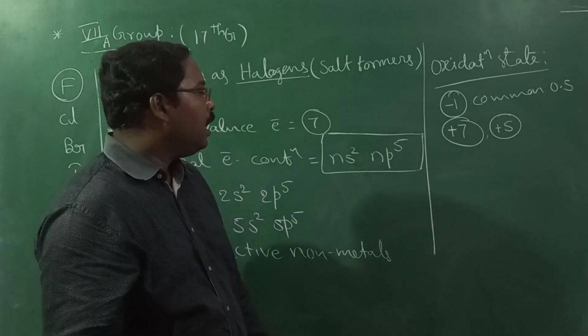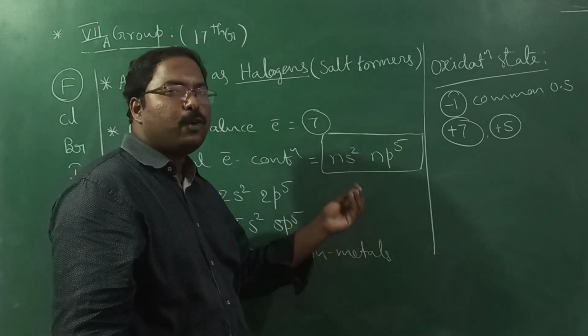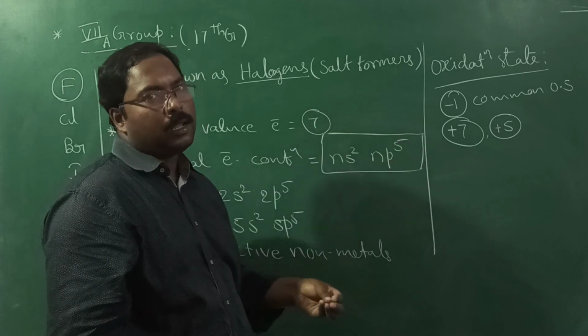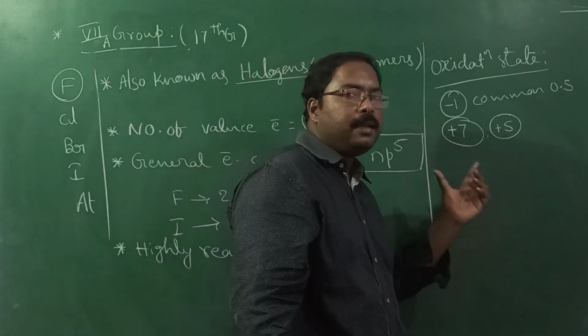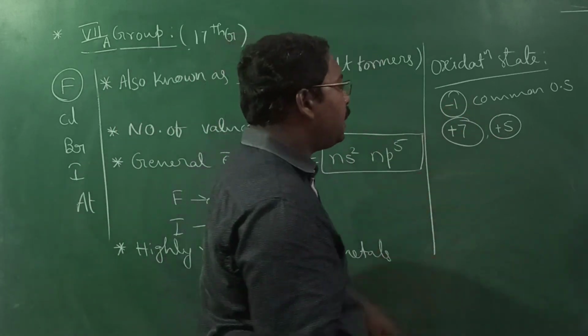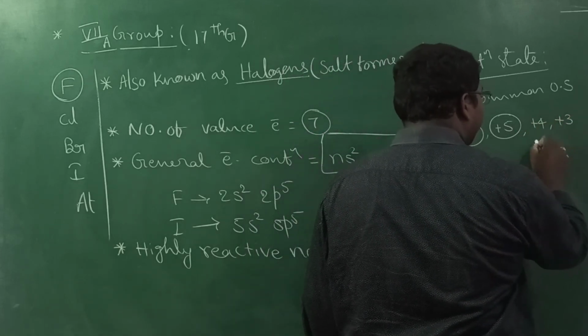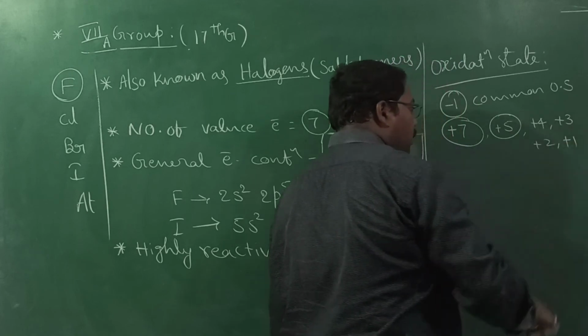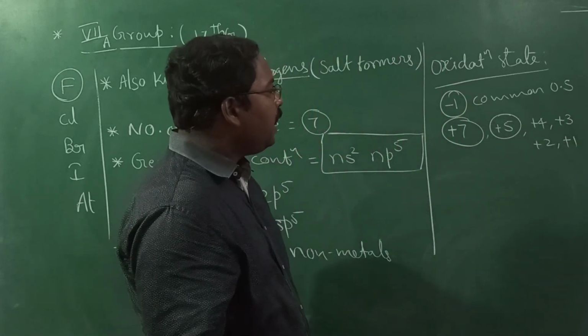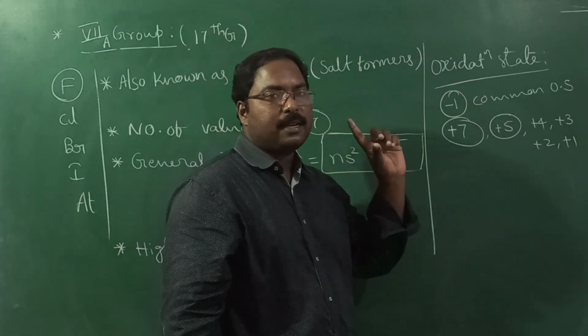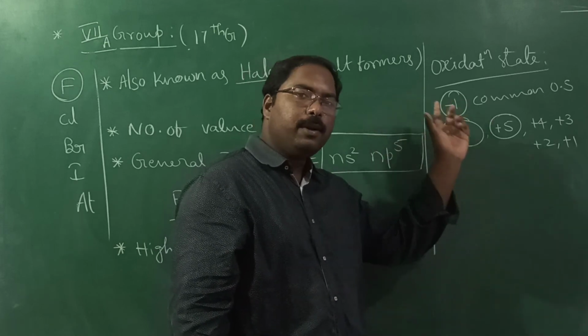Other than that, they will exhibit +4, +3, +2, +1 also. But commonly they exhibit either +1 and +5. In the 17th group elements lesson, we will discuss this in detail.